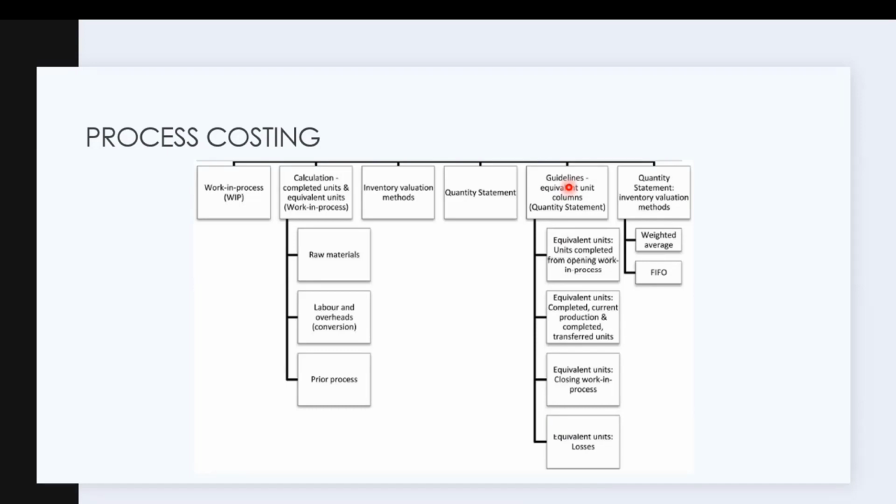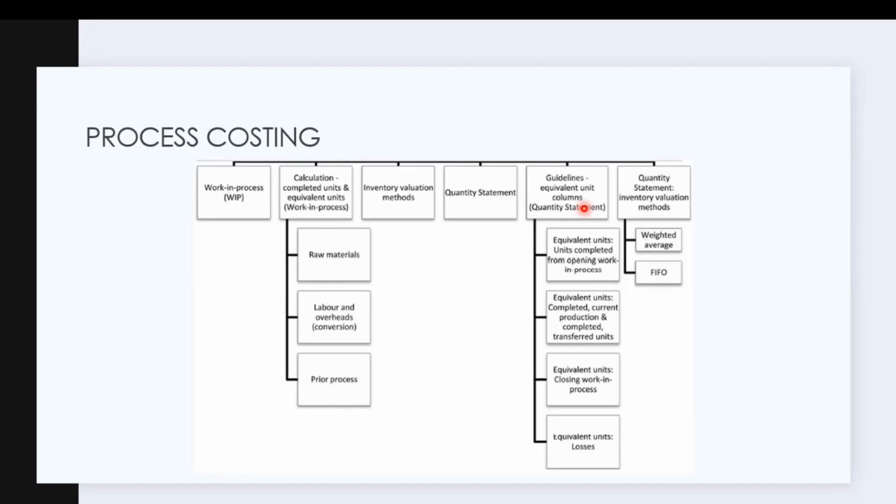What comes from the previous process, what is currently being completed within this phase, what still needs to be transferred, what is remaining when it comes to the closing work in process, and what has been lost during this process. So this gives you a clear indication as to what's been happening with your units. It tells you a storyline or a progress report around the quantity of what you're producing.